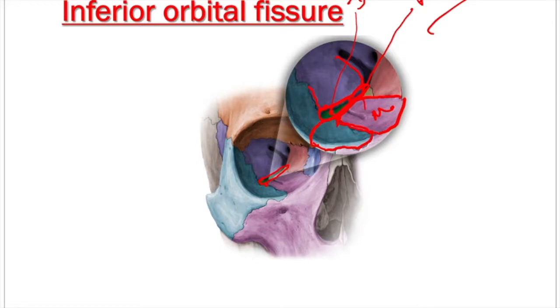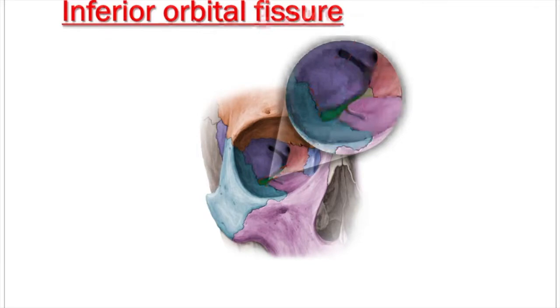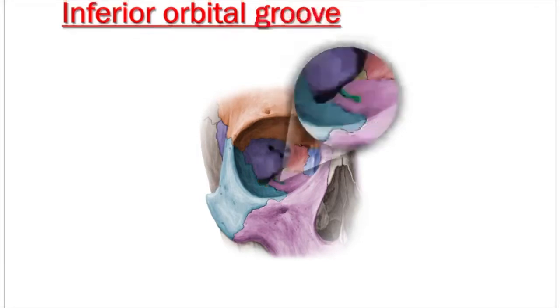So that is the location, name and communication between compartments, and the passing structures are many, like the infraorbital nerve, part of the maxillary nerve, the artery also, and the vein also.